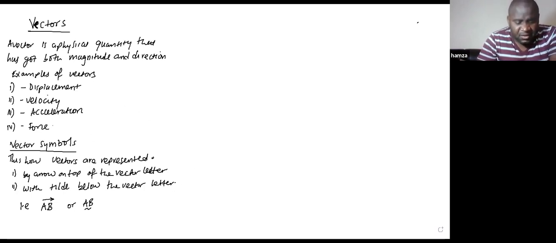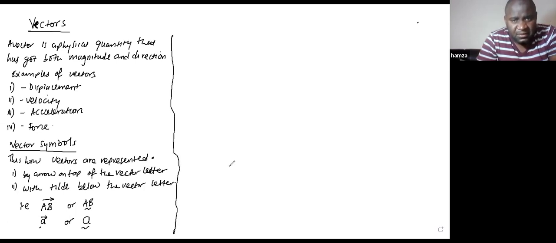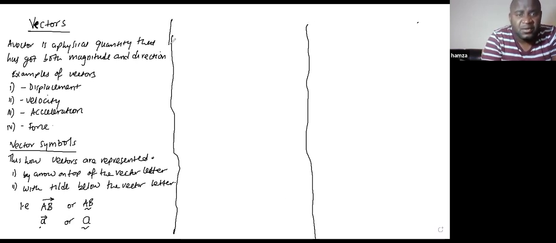Sometimes we also have them denoted like this. It can be a vector small a, or a vector small a represented by that notation. So that is the first notation we can talk about to describe the symbols of vectors. They can also tell us about the reverse, or the opposite, of a vector.